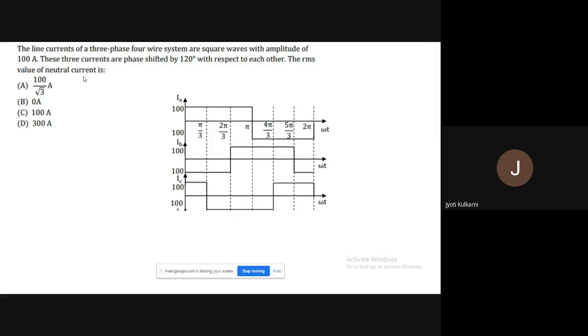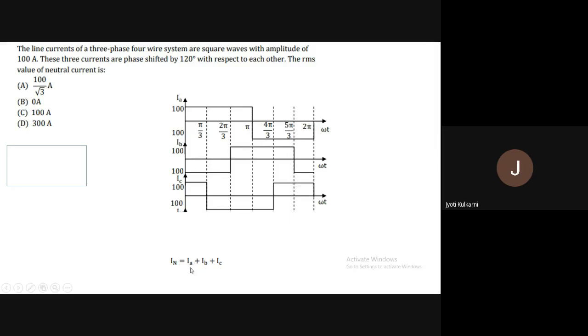But in practical conditions, what is neutral current? Neutral current is the summation of all phase currents, that is IA, IB and IC. So IN equal to IA plus IB plus IC.